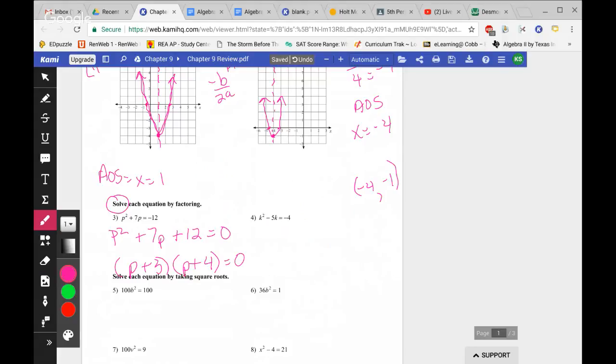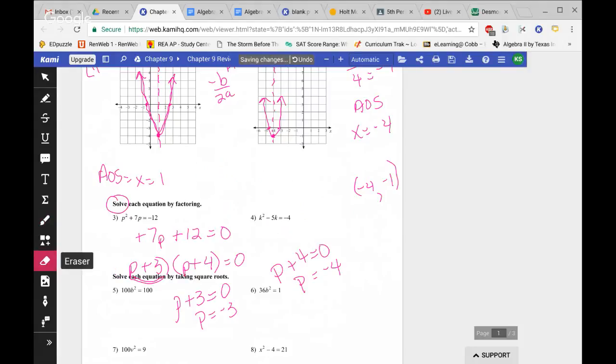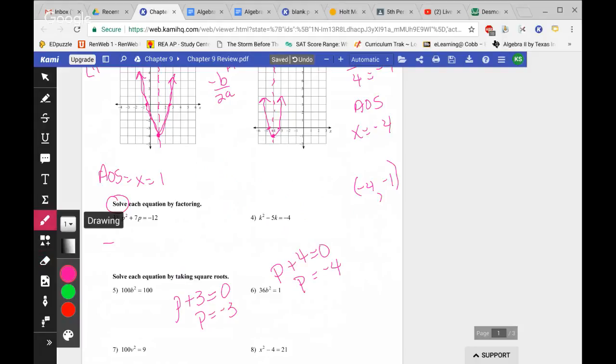So you set each little factor equal to 0 individually and solve for p. p plus 3 equals 0 and p plus 4 equals 0. So p equals -3 or p equals -4. Are those pretty easy for you? Yes. I don't think you struggle with these really. So the answers are -3, -4.